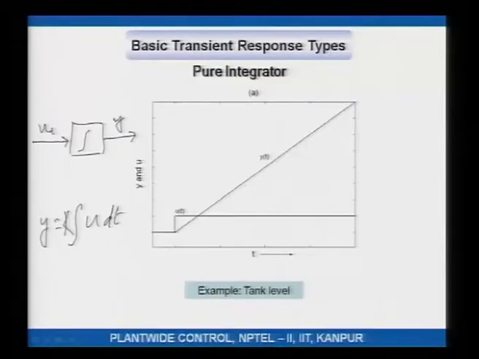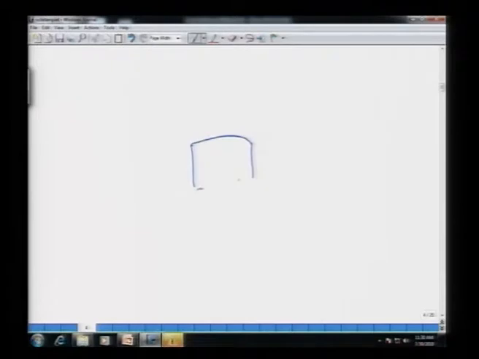An example is tank level, and just to explain it a little bit more. So, consider a very simple liquid tank. Liquid is flowing in, liquid is flowing out, and you got some hold up, some liquid level in the tank. Okay. You have got a valve at the inlet flow, and you also got a valve at the outlet flow.